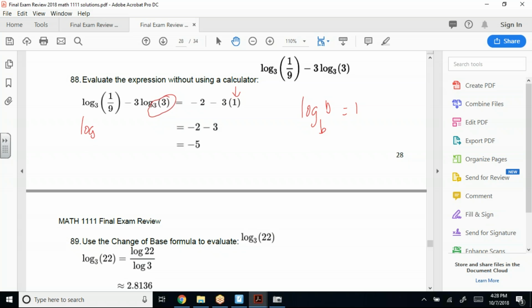And if you took that -2 out front and moved it out here, then this also becomes, guess what? 1, right? Which would be -2 times that. So that's how they got -5 a little bit quicker. It just depends on what property you use.